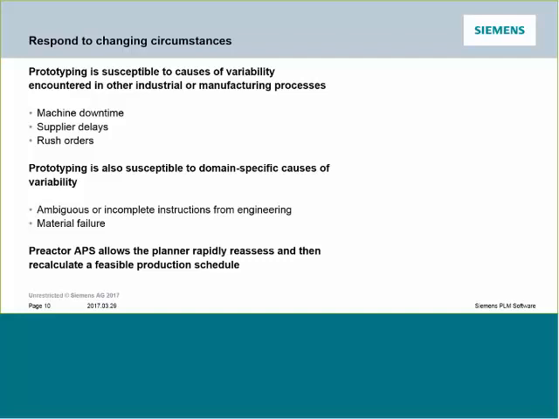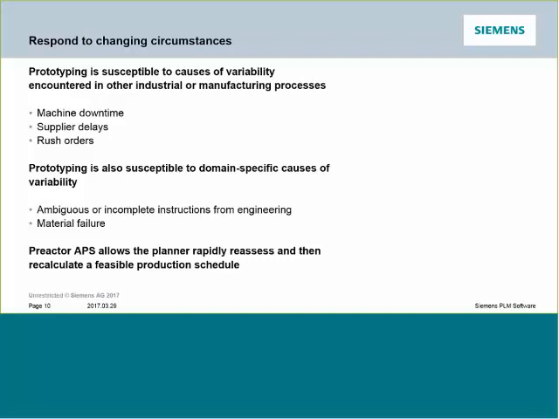Sometimes Preactor can find ways to shuffle those blocks without making any other changes. Sometimes the answer is, whoops, we're going to need to work overtime in order to address the delays.